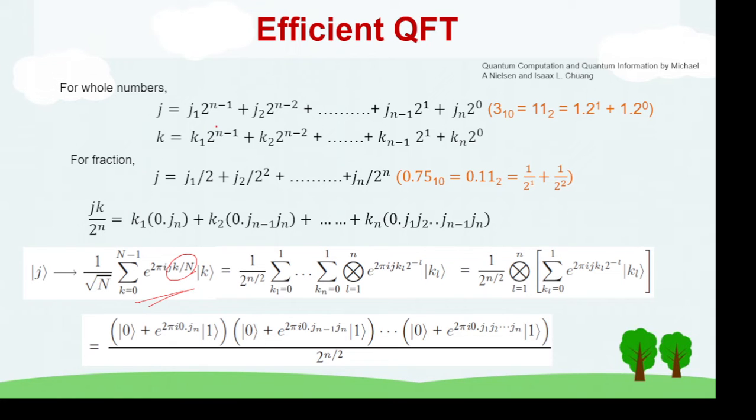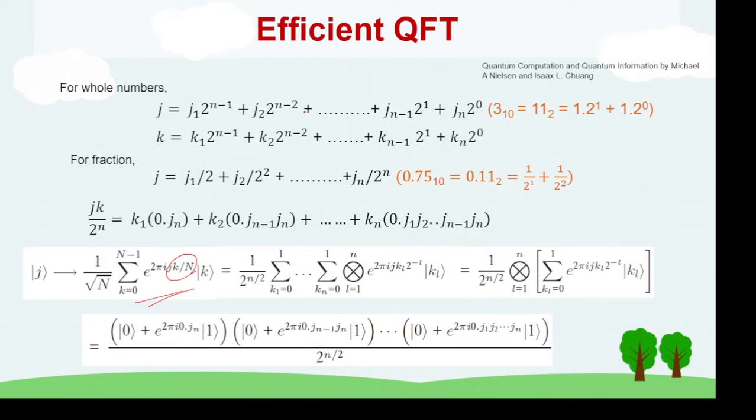If j is a whole number expressed in binary form, it can be written like this: j1 times 2 to the power of n minus 1, where j1 represents the most significant digit and there are n digits in the given vector space. Then j2, the next most significant bit, is multiplied by 2 to the power of n minus 2.